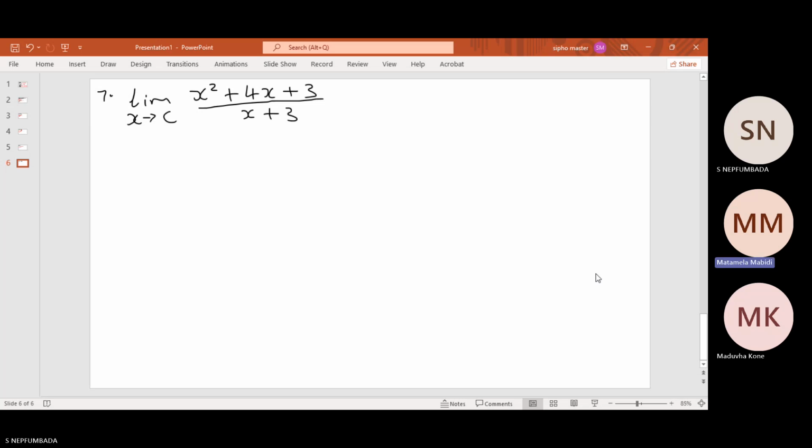Can you please do the corrections? What did you get? I'm not sure, but I got c plus 1.